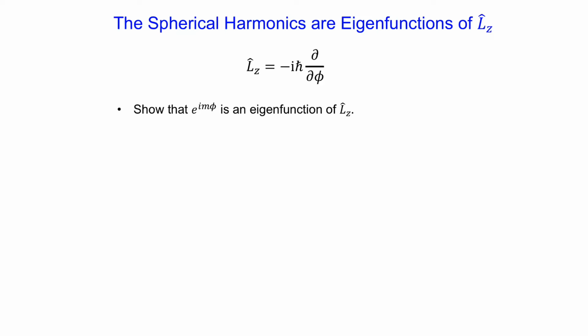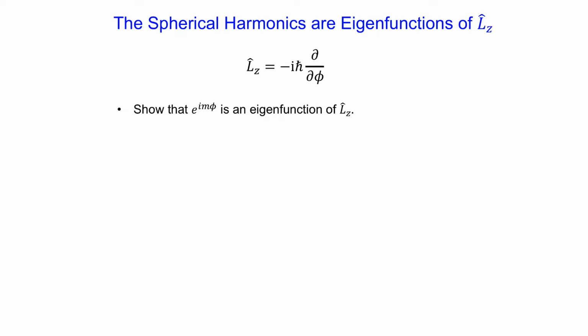Okay, so we already know the spherical harmonics are eigenfunctions of the total angular momentum squared operator. Well, it turns out that they are also eigenfunctions of the LZ operator. So remember from before, this is our z component of the angular momentum, our quantum mechanical operator for LZ.